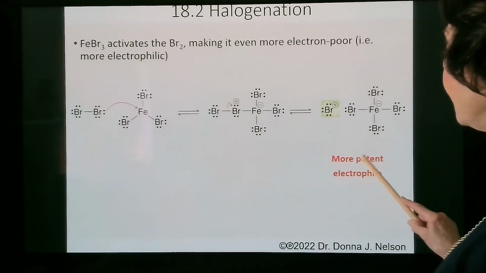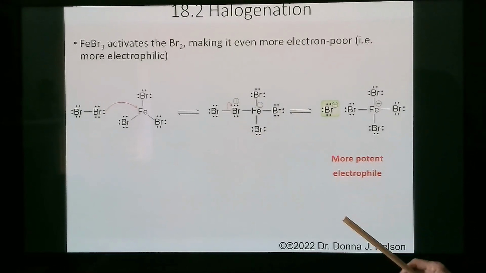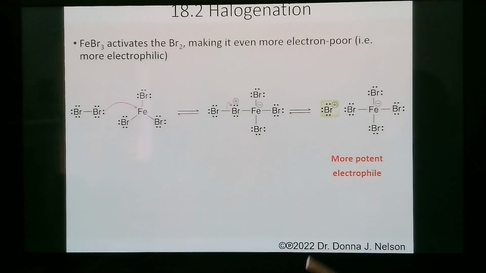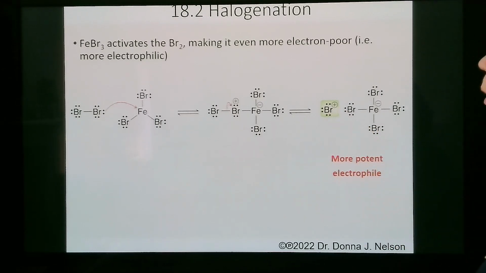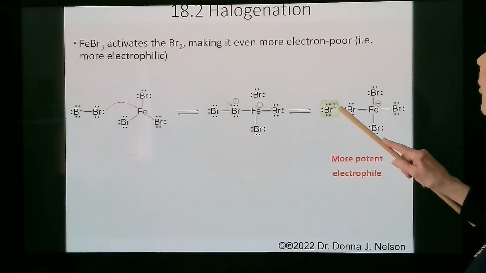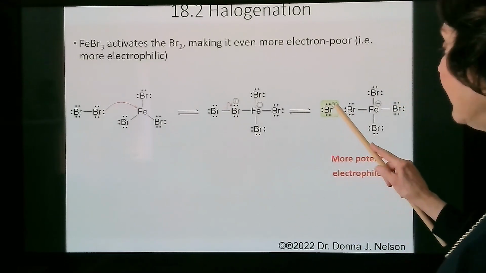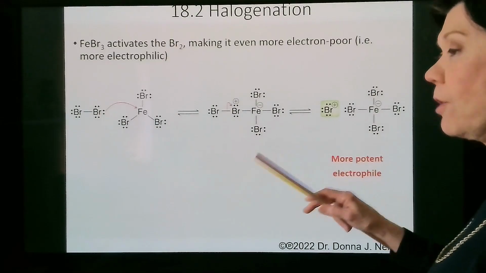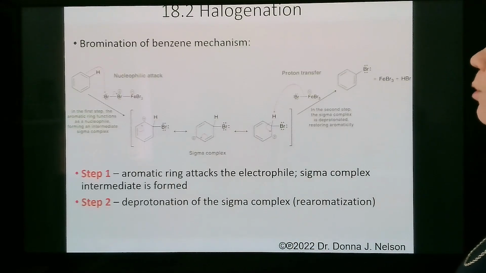So this is obviously a more potent electrophile than when you just have molecular bromine polarized by being in the presence of a pi bond. This makes the bromine even more electron poor. This is much more reactive, and so it's reactive enough to actually react with the pi electrons in benzene, and that's what we're going to see here.